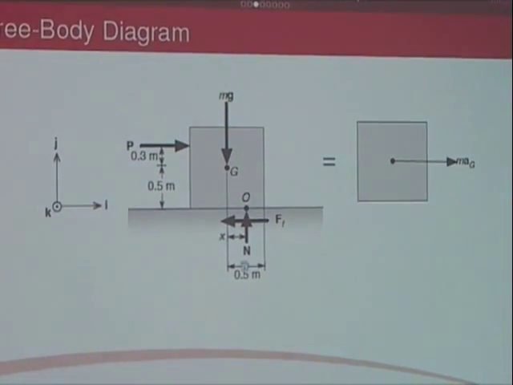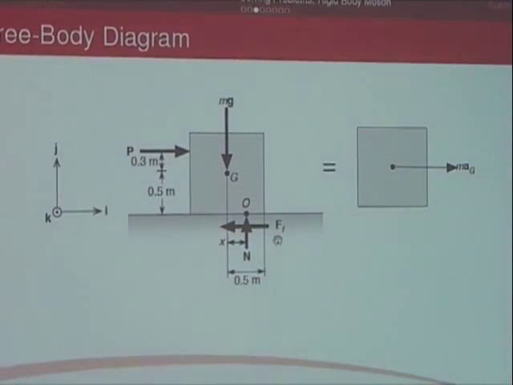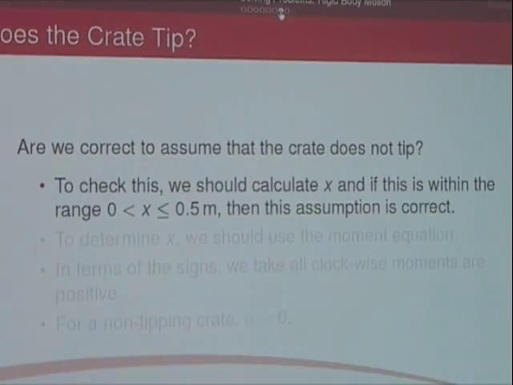And if x is greater than 0.5, if it's out here, then we realise that we made the wrong assumption. The crate does topple. Okay, but if x is between 0 and 0.5, then we made the correct assumption. The crate does not topple. Okay? And so by looking at the equation, if x comes between these two values, 0 and 0.5, then this assumption is correct.